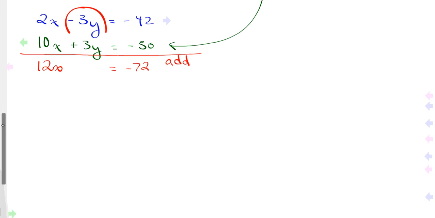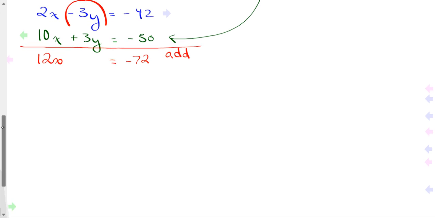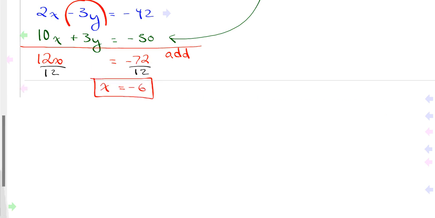So you can see here what happened when I added my two equations together and then solved for x to get x is equal to negative 6. Choose one of the equations, and I went back to the original equation with fractions in it.